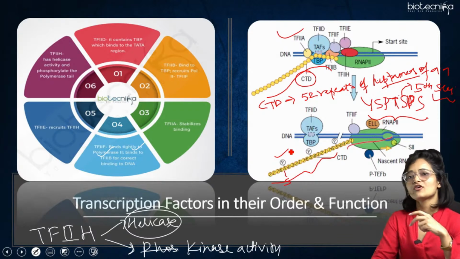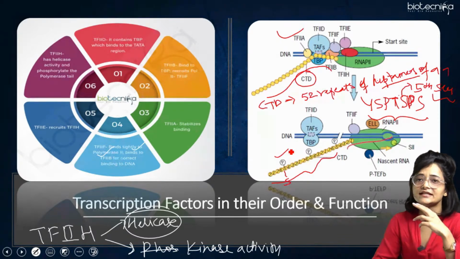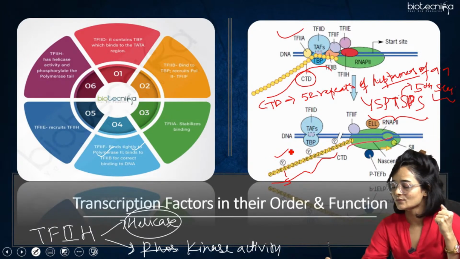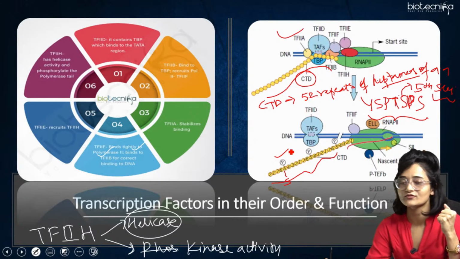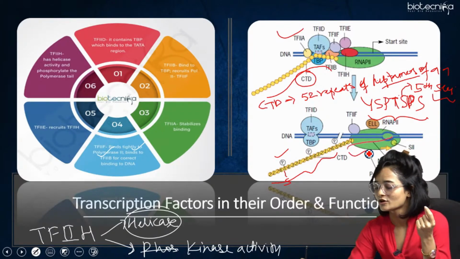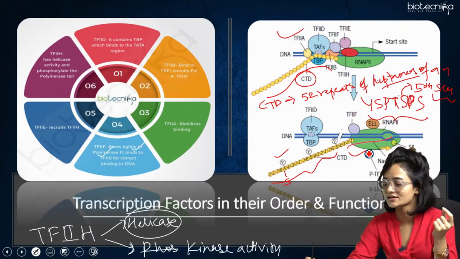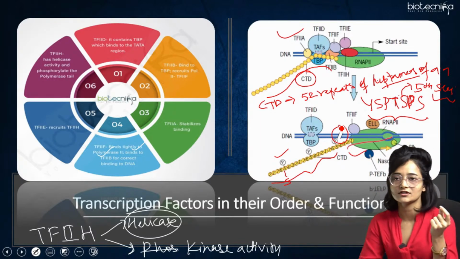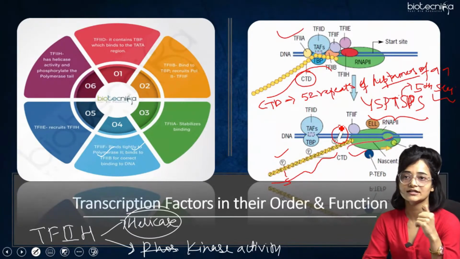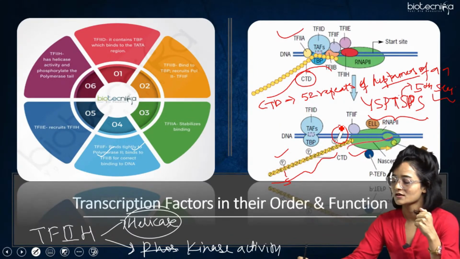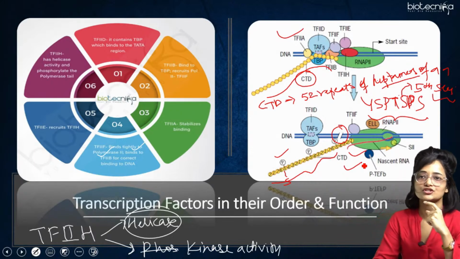So what is the importance of this CTD? Firstly, when the CTD gets phosphorylated, only then does the initiation start. When the CTD gets phosphorylated at the 5th serine, the RNA polymerase crosses the start site, the initiation complex has formed, and the initiation has begun. This is the first major function of CTD.